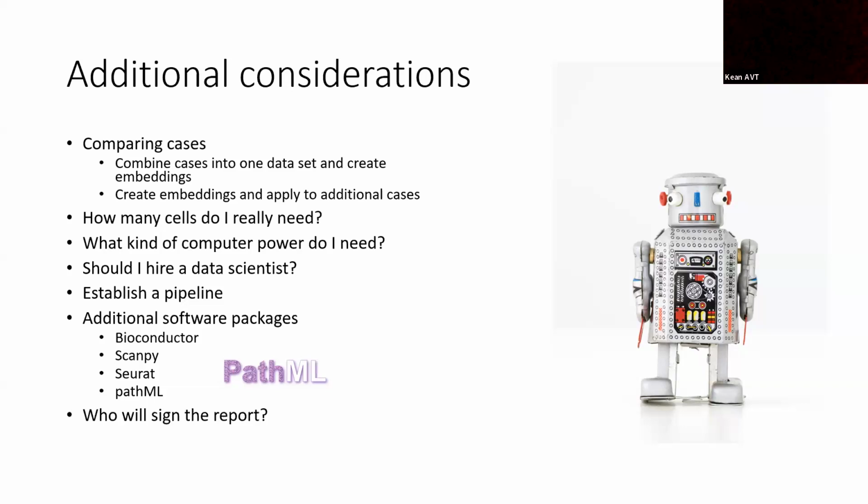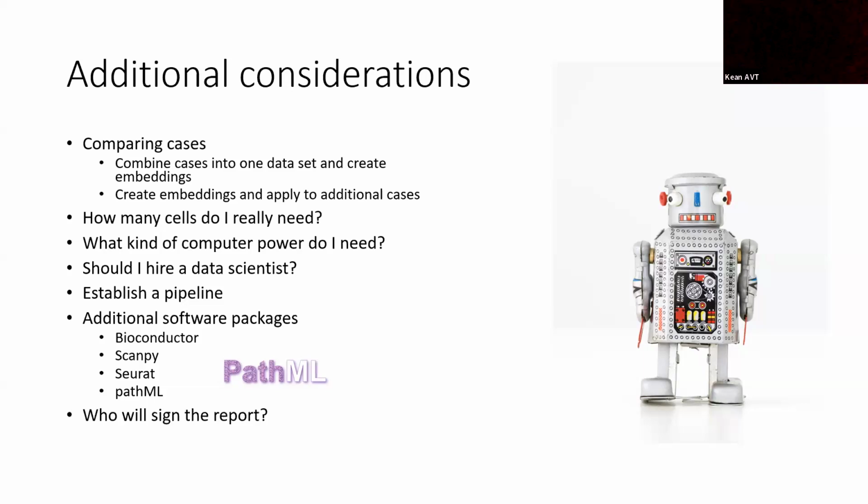There are a lot of additional software packages available. Getting to the clusters is just the first step for fancier analysis, you could say. So there are packages like Bioconductor, ScanPy, Seurat, and PathML, which I like to advertise because it's homegrown, a collaboration between Dana-Farber and Weill Cornell Medicine.